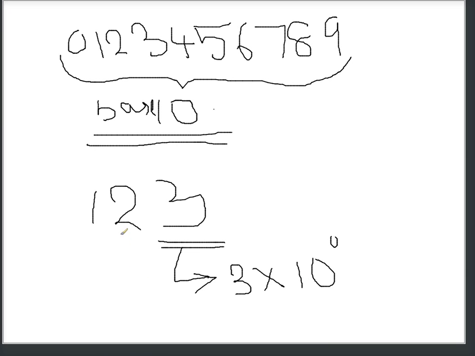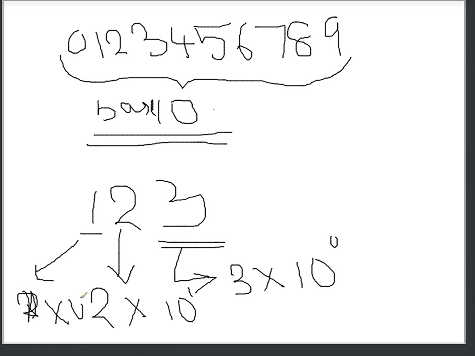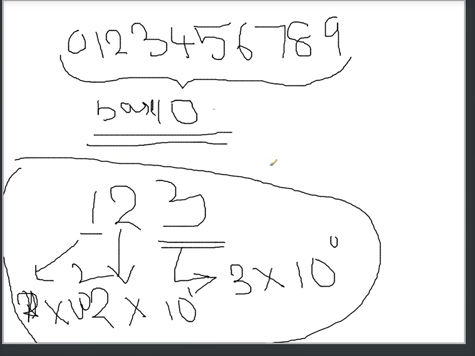The second position is 2 into 10 raised to 1. The third is 1 into 10 raised to 2. So this is the value of the number when we think of it in base 10.